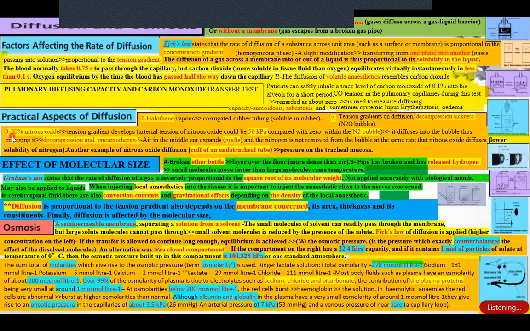Of course, if we inspire nitrous oxide 50% with a pressure of around 50 kilopascal, in an area where there is a nitrogen bubble, the lower solubility of nitrogen in comparison to nitrous oxide makes the nitrous oxide go into this area. Suppose it is a cyst or a pneumothorax, it expands it because nitrous oxide is more diffusible than nitrogen.